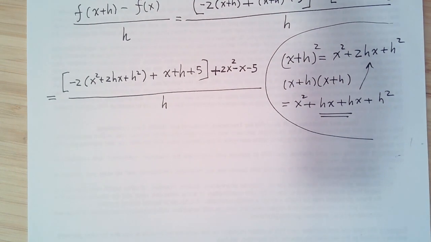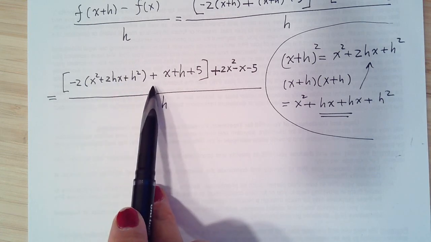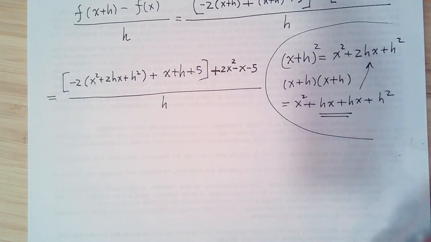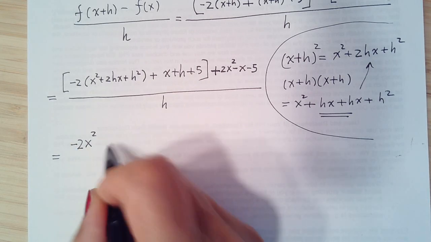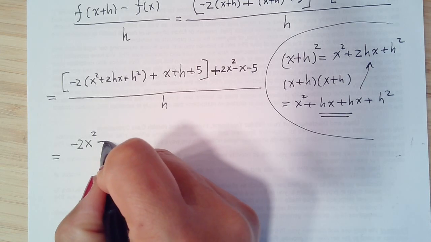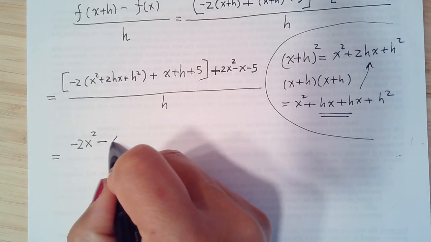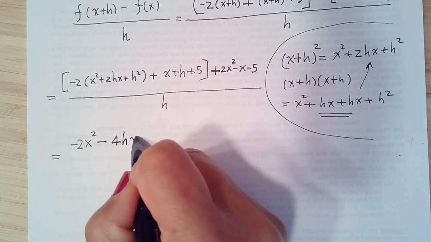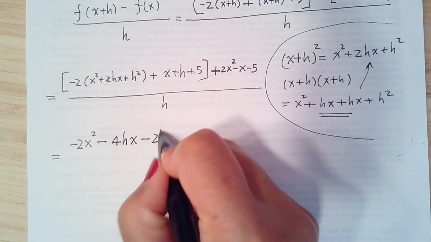And then I'm going to distribute this negative 2 into each term. At the same time, I don't really need this bracket anymore, so I have negative 2x squared, and then negative 2 times positive 2, I get a negative 4hx, negative 2 again, negative 2h squared.